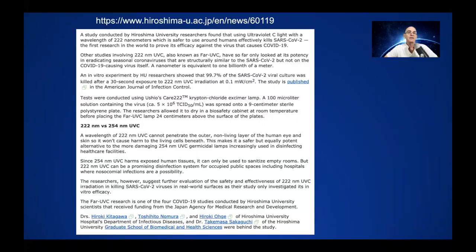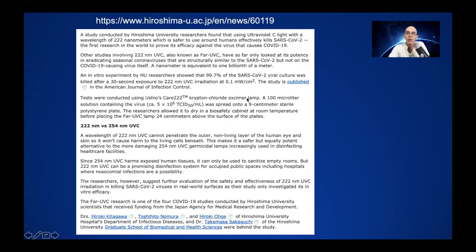Now, in an in vitro experiment, that means in a dish, like the experiments that we did, the researchers showed that 99.7% of the coronavirus culture was killed after just a 30-second exposure to that light at a light intensity of 0.1 milliwatts per square centimeter. Now just keep that number in your mind, 0.1 milliwatt per square centimeter. Okay, now they used this Ushio Care222 krypton chloride excimer lamp. They don't sell this lamp to the public.